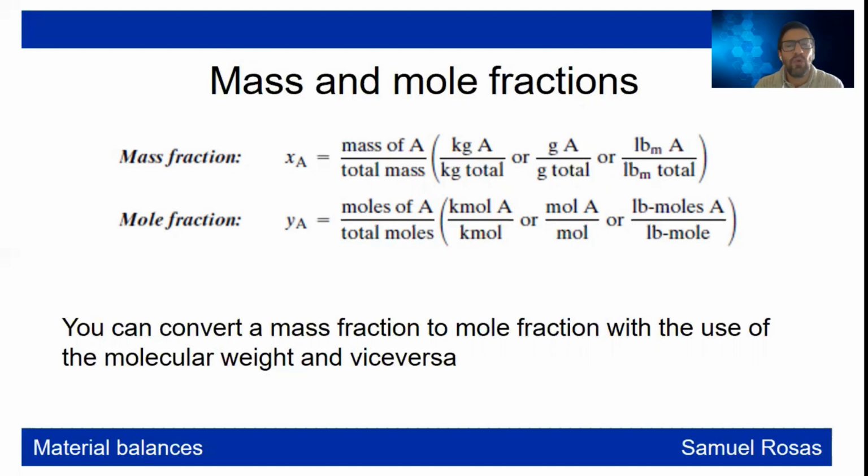And the same is with mole fractions. The mole fraction is the amount of moles that we have of the component in the mixture over the total moles of the mixture, right? And you can convert from mass fraction to mole fraction with the use of the molecular weight, or vice versa, from the mole fraction to the mass fraction as well, with the use of this molecular weight.